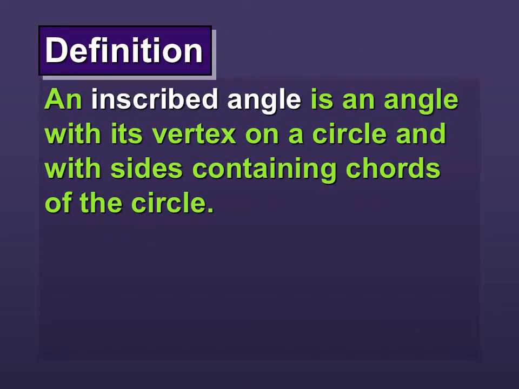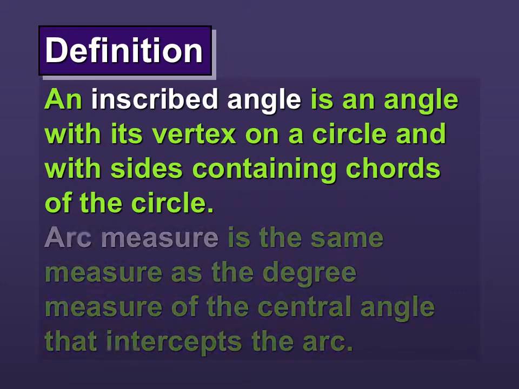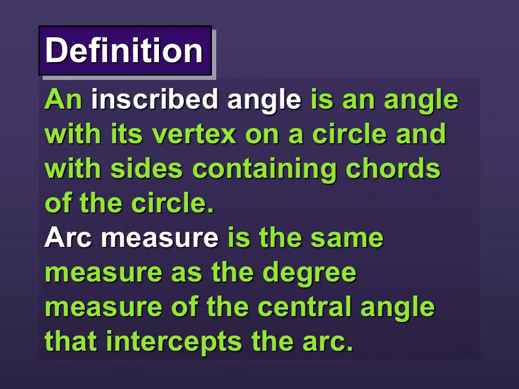The next word I want to look at is an inscribed angle. That's an angle that has a vertex on a circle and with sides containing chords of the circle. The next word we want to look at is the arc measure. The arc measure is the same as the degree measure of the central angle that intercepts the arc.